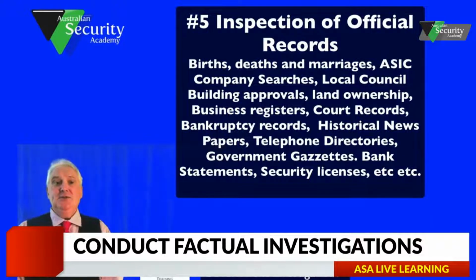So inspection of official records might even be going to company searches. It may go to searches, ASIC, that sort of thing on the internet. You might go to the council and see who the landowner is, do a search there. There are all sorts of searches of official records that you can do as an investigator.